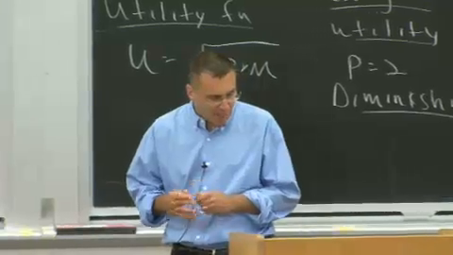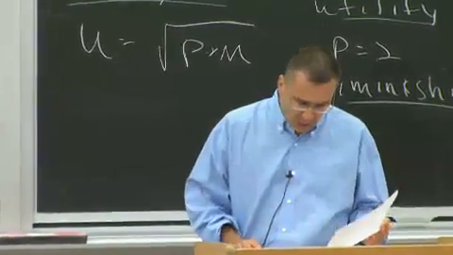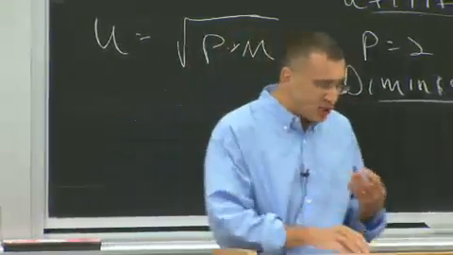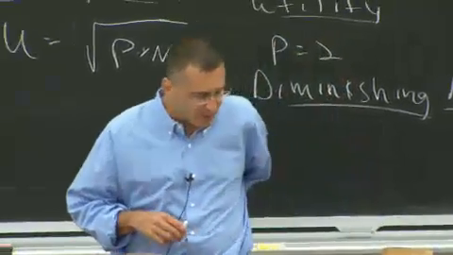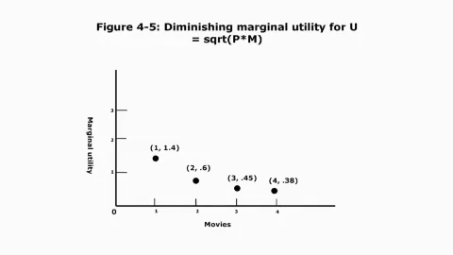So we can actually graph your marginal utility. That's what figure 4.5 is, a graph of your marginal utility. So when you have 2 pizzas and 1 movie, your utility is square root of 2. Now if you get 1 more movie, your utility is going to rise from square root of 2 to 2.